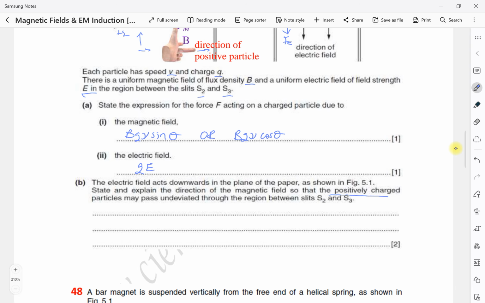So, the question: state and explain the direction of the magnetic field.